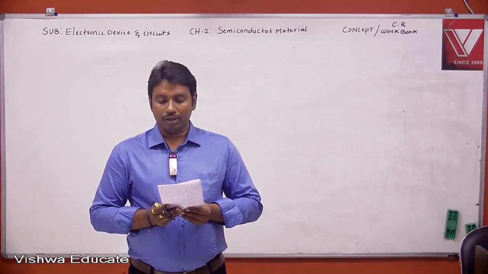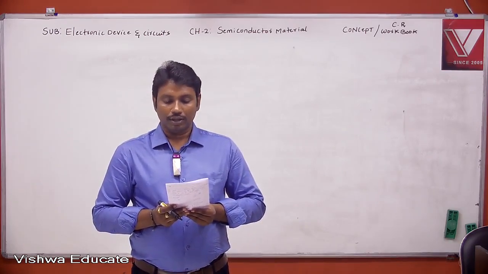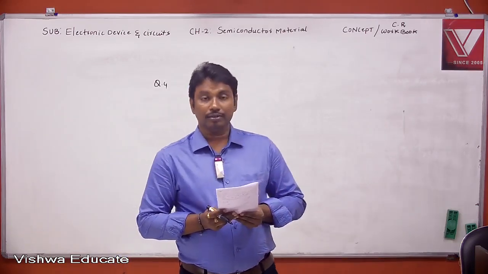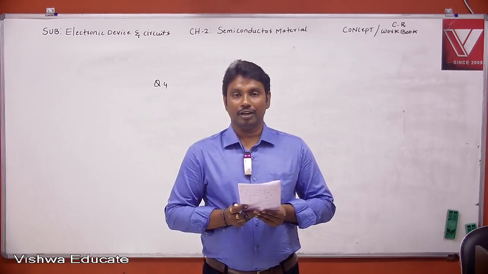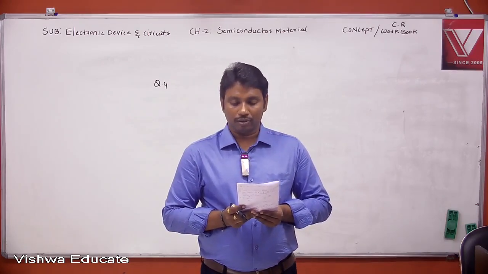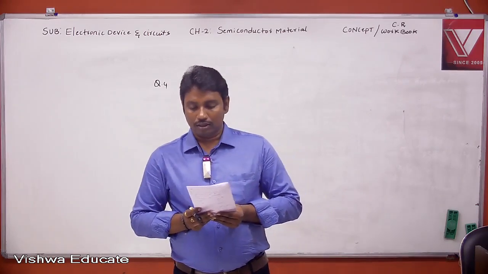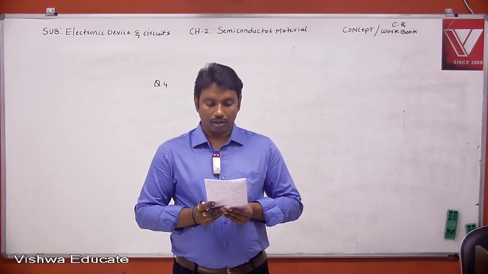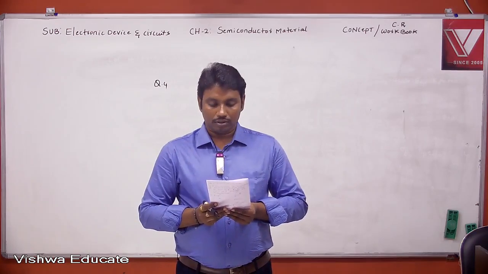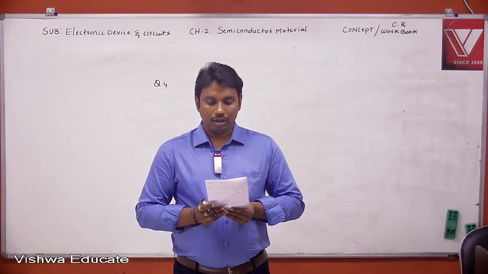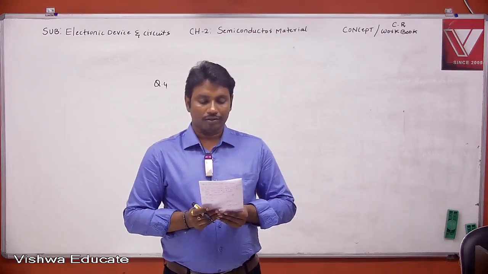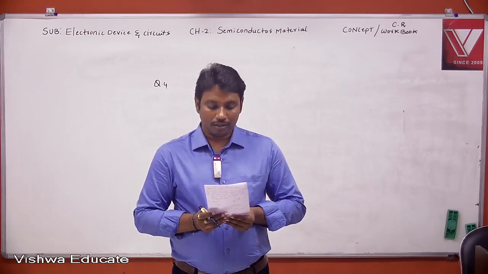If Ni equal to 1.5 into 10 power 10 per centimeter cube, mu p equal to 500 centimeter square per volt second.